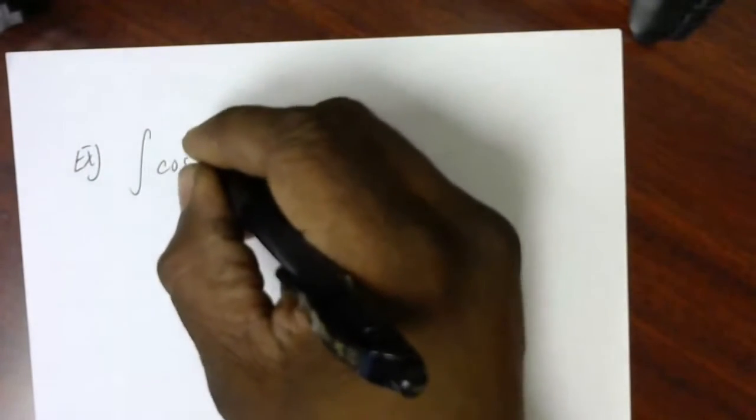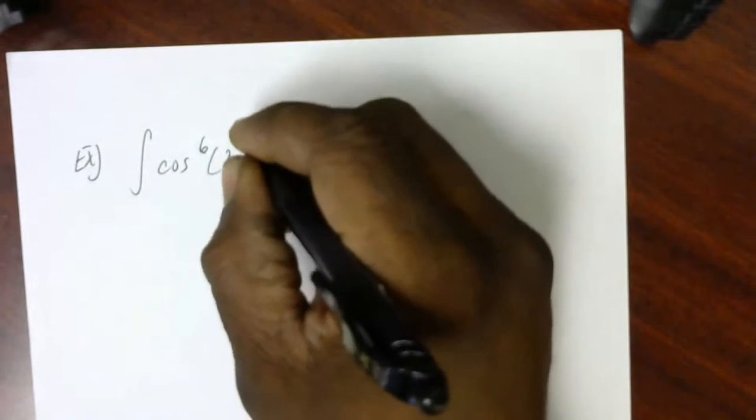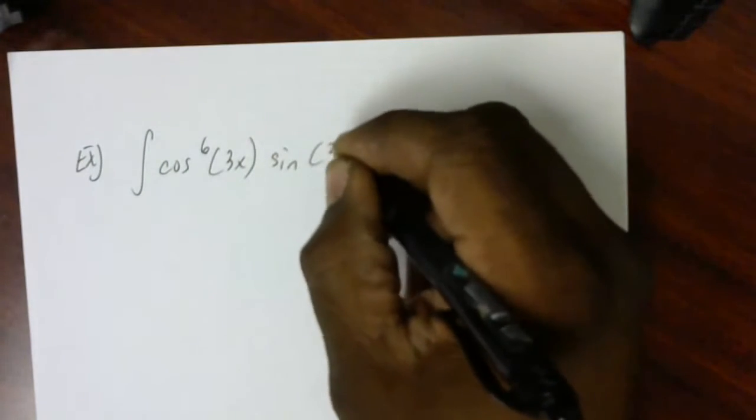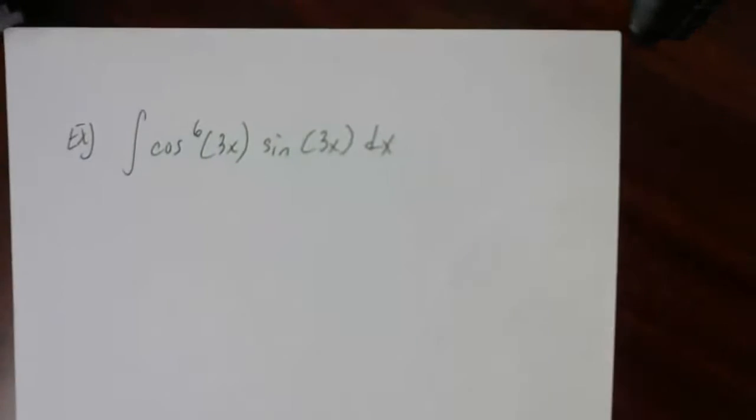We'll take a look at this example. We're asked to integrate cosine to the 6th power of 3x times the sine of 3x dx.